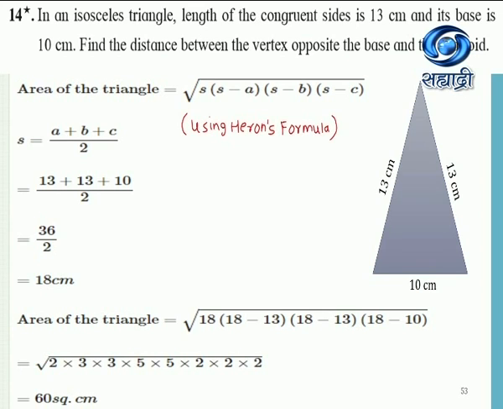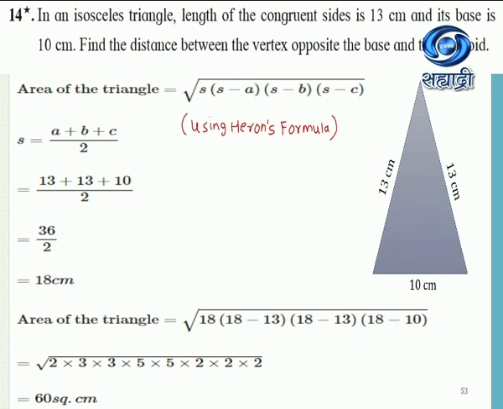The next one: in an isosceles triangle, the length of the congruent side is 13 centimeters and its base is 10 centimeters. Find the distance between the vertex opposite to the base and the centroid. For this we have to first find the area, using Heron's formula, that is, area of the triangle is under root S into S minus A, S minus B, S minus C, where A, B and C are the sides.